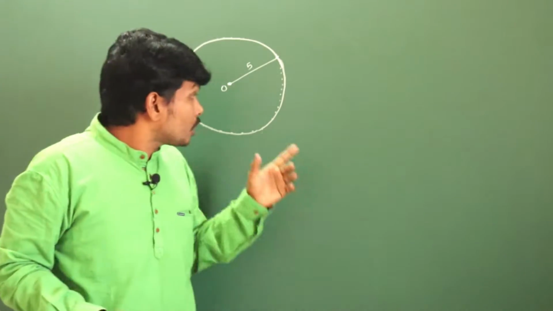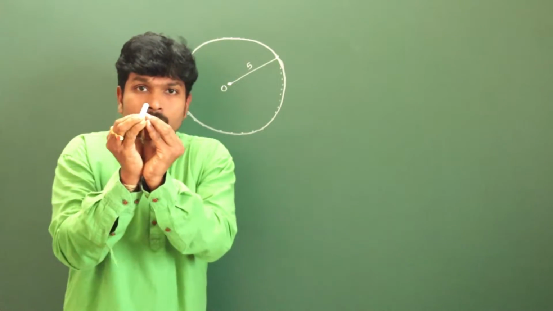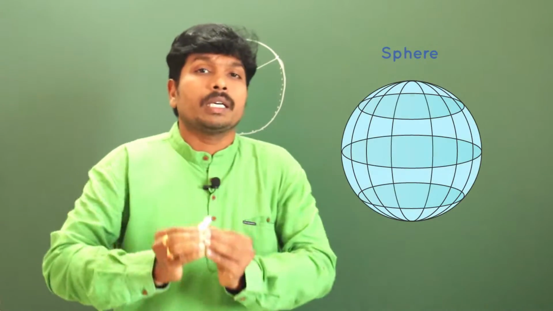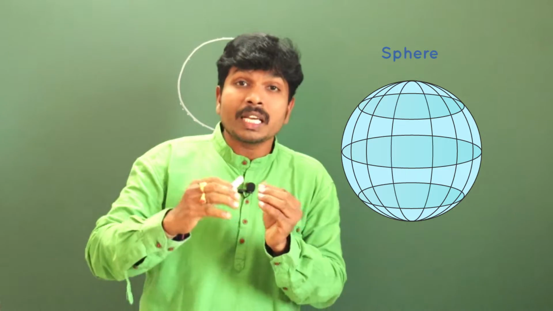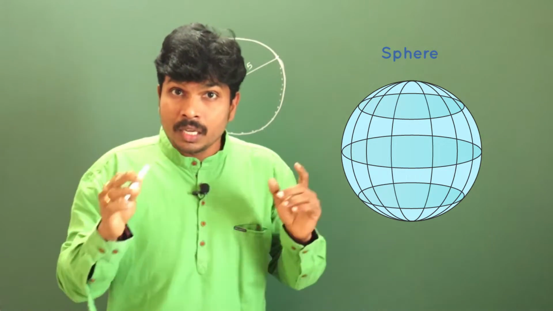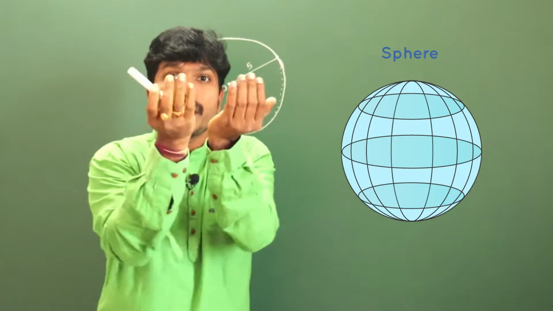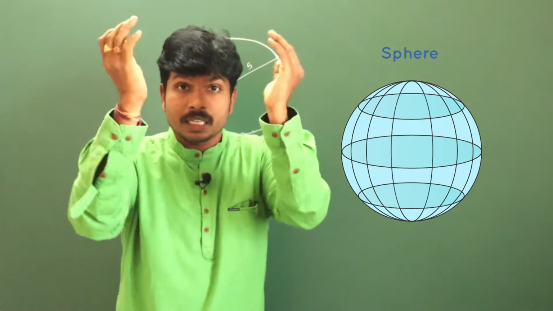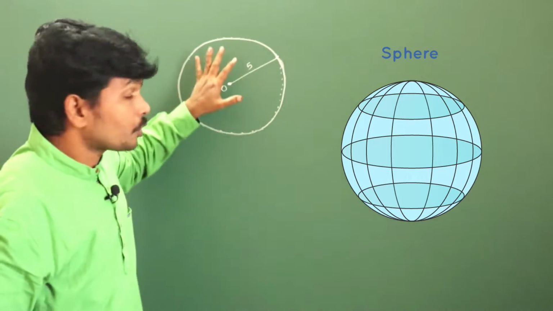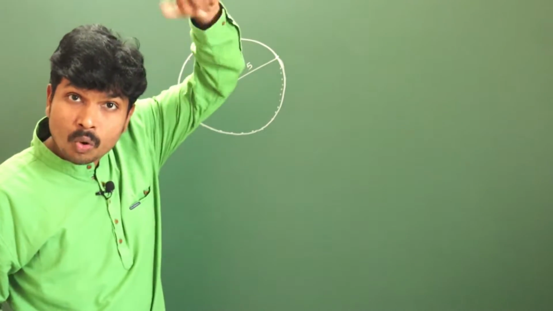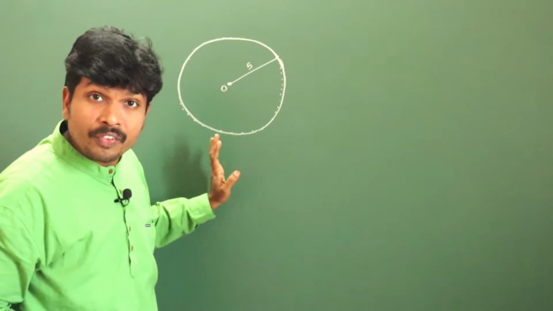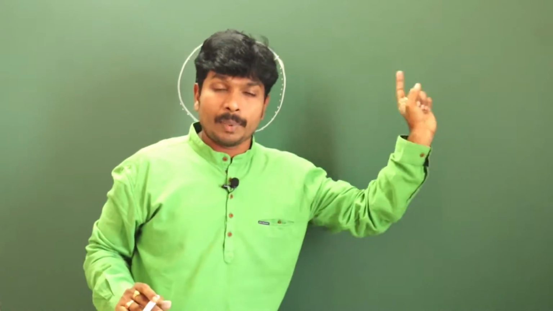If you take it in space instead of a plane, what does it form? Sphere. Because a sphere means a collection of infinitely many points which are equidistant from a fixed point in space. That is a 3-dimensional, solid figure. A circle is a 2-dimensional figure, a plane figure. That's why you must use the term plane.